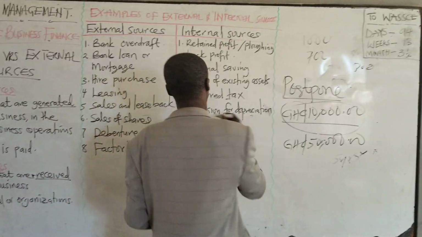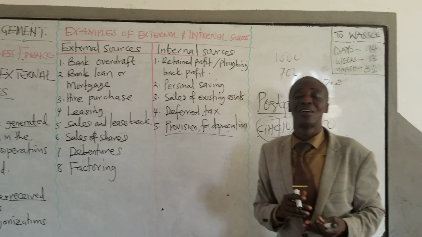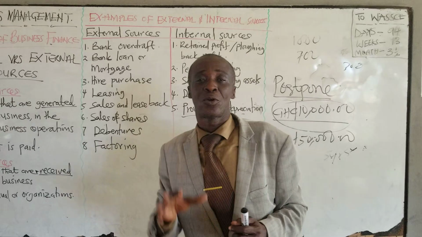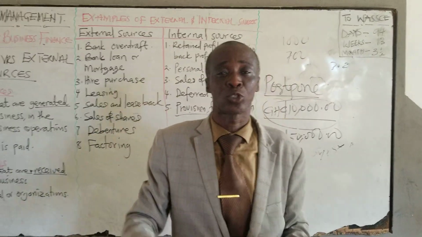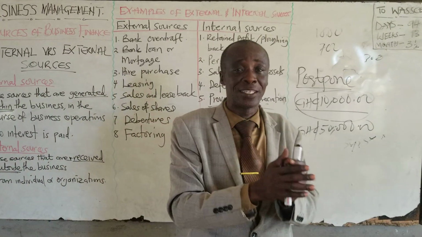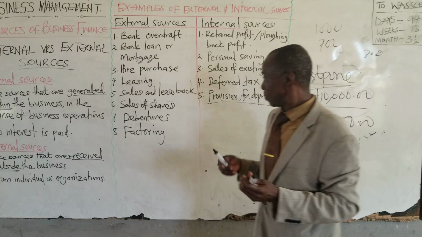So that is for provision for depreciation. In summary, provision for depreciation will reduce your profit. When profit is reduced, your tax will also reduce. The money that you could have paid as tax can be accumulated for business operation.